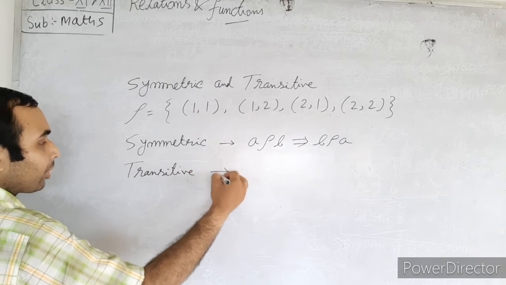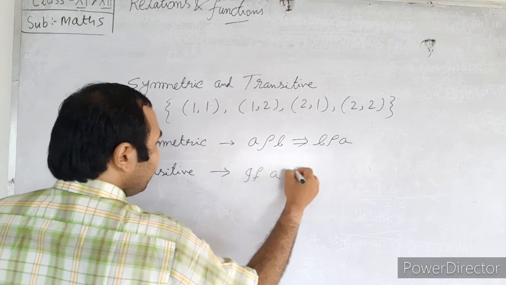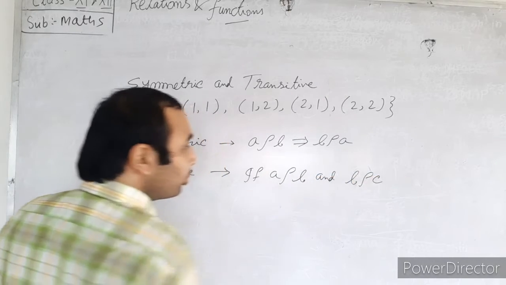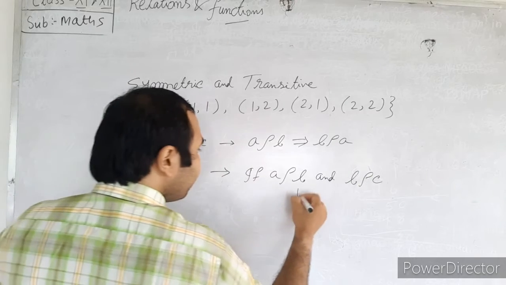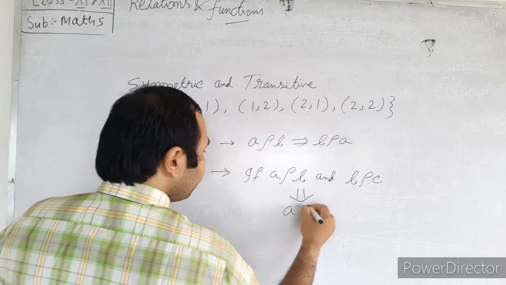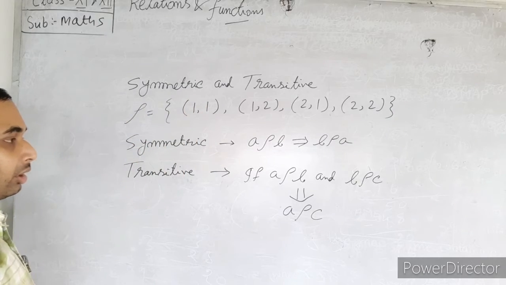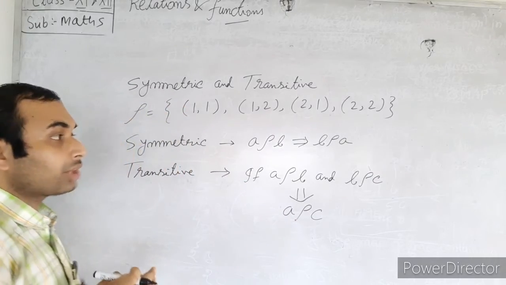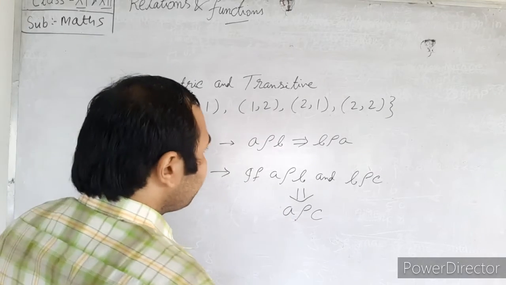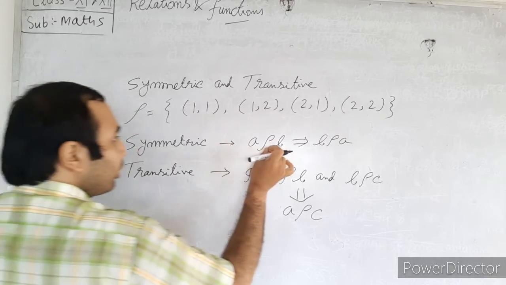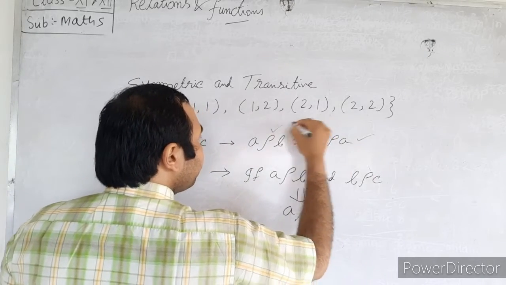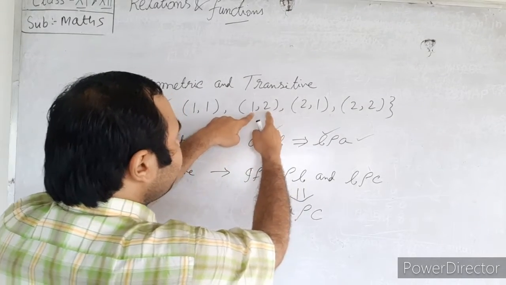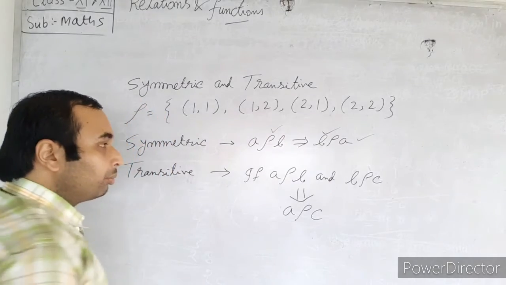Transitive says if A rho B and B rho C hold, then we can say A rho C. Now, if we sum up those two, symmetric means A rho B and B rho A are both there in this relation. Suppose (1,2) is A rho B; B rho A, (2,1), is also there.